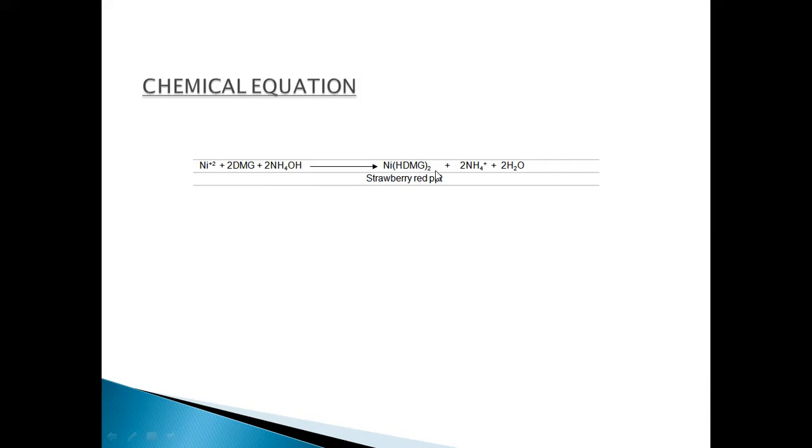From the chemical equation, you can see that 1 mole of nickel is equal to 1 mole of nickel DMG complex. So the mole ratio between nickel and nickel DMG complex is 1:1. We will use this mole ratio in calculations.